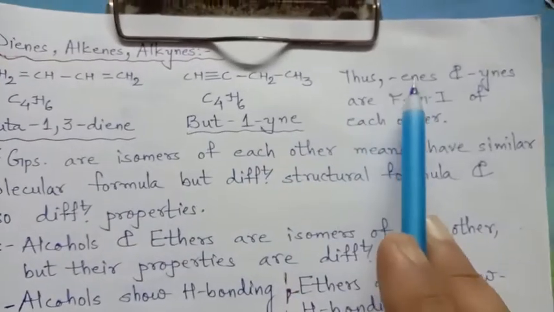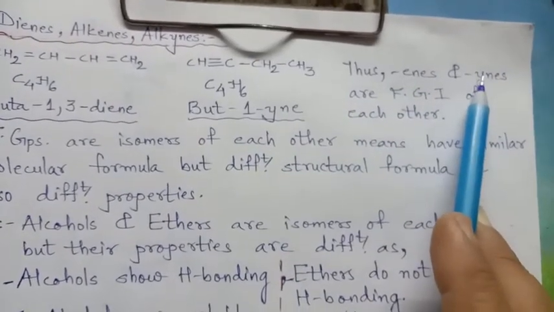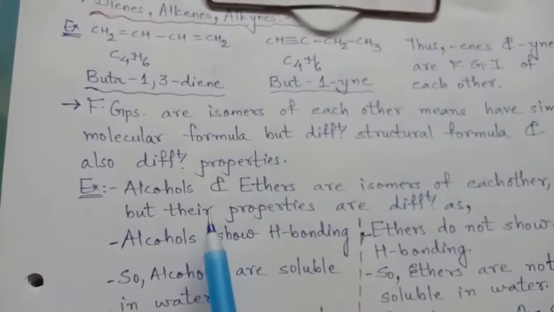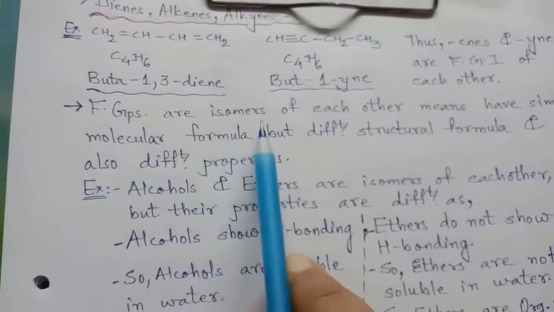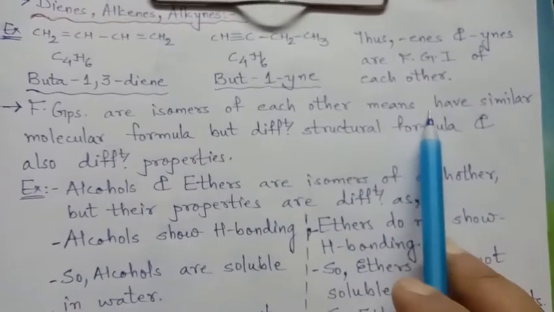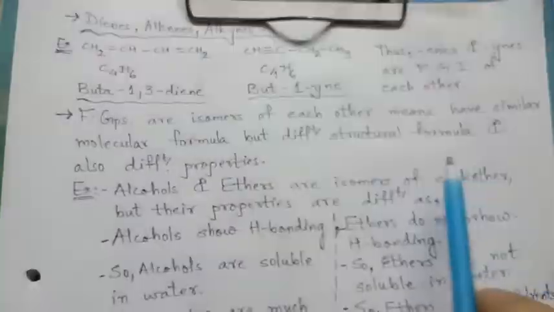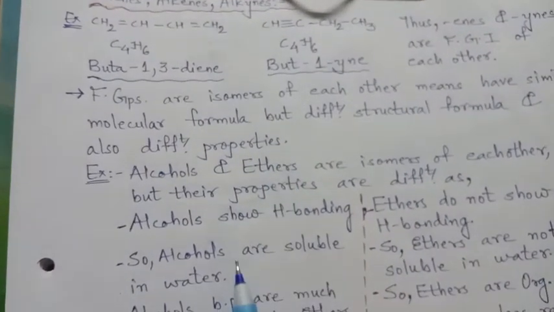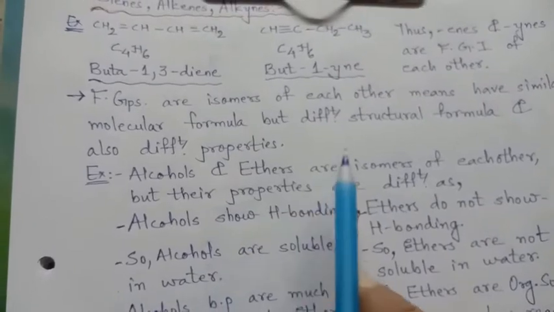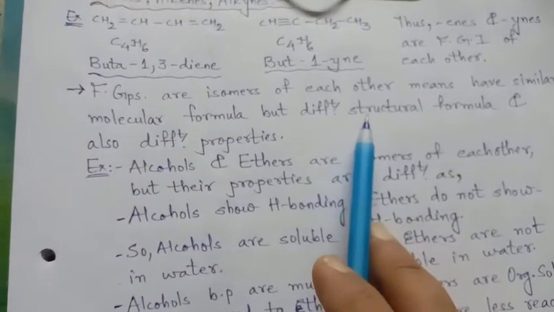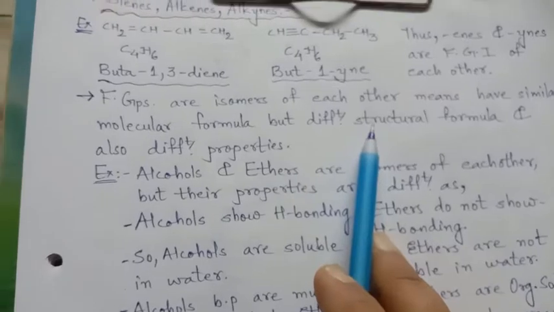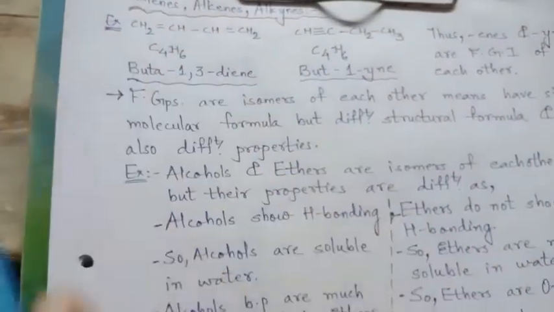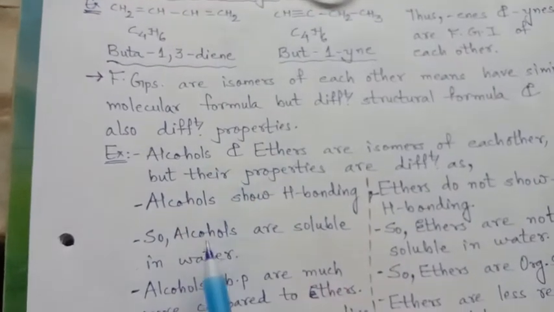Thus, dienes and alkynes are functional group isomers of each other. Functional group isomers means they have the same molecular formula but different structural formula and also different properties, because they have different functional groups, and due to that they have different structural formula, and because their functional groups are different, their properties are different.